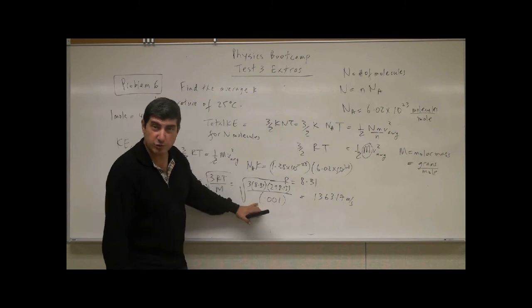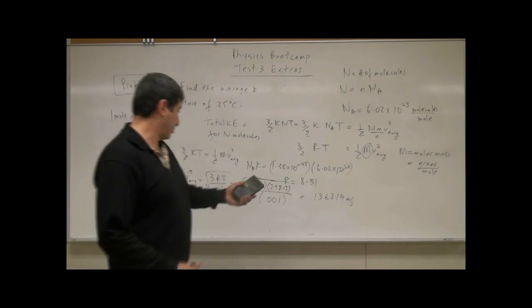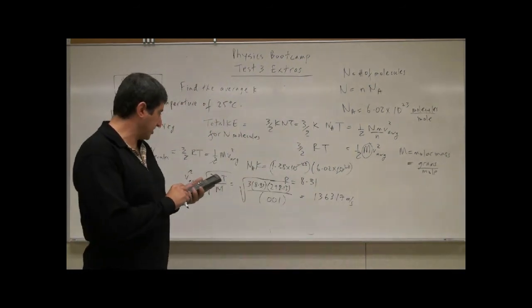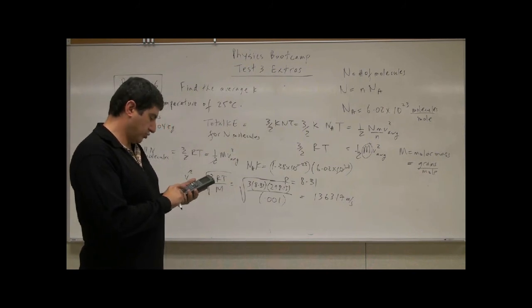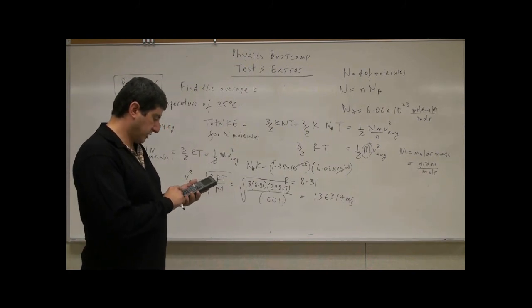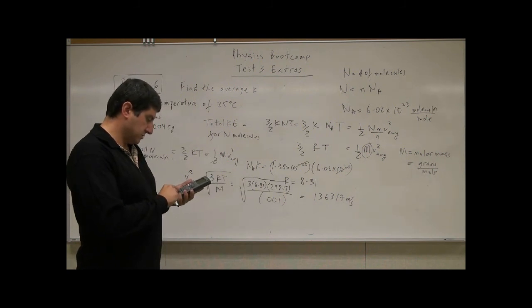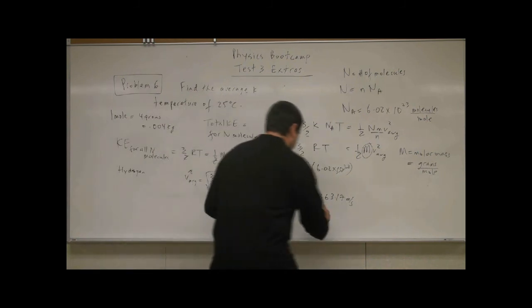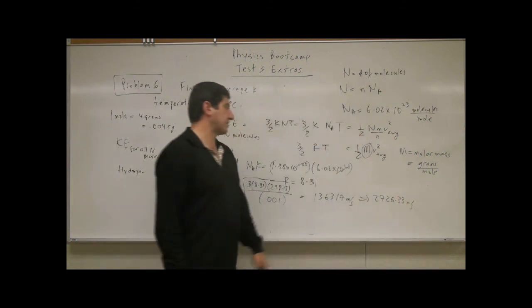If you take square root 1/2, and then it goes to the top, so it's going to be double. So I predict when we calculate it, it's going to be double this speed. 3 times 8.31 times 298.15 divided by 0.001. So it's going to be exactly double, 2726.33 meters per second, which is exactly double that.